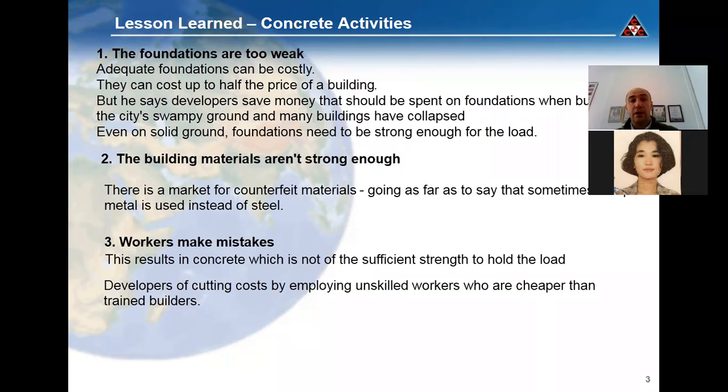First of all, a good foundation can be costly, so the cost can be higher. We know that the cost for the underground part of the building, in general, is about 1/3 of all costs, of all budget cost on the construction.